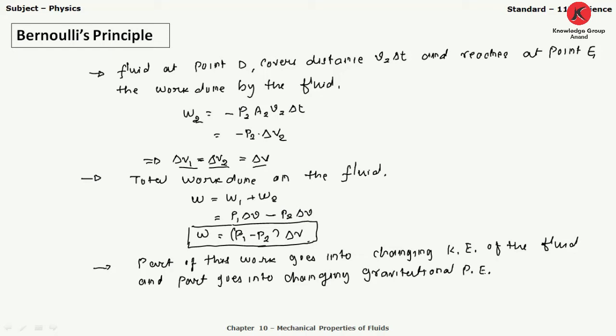Now we know, so according to that, what will be the equation for W, total work done, in the form of kinetic energy and potential energy?